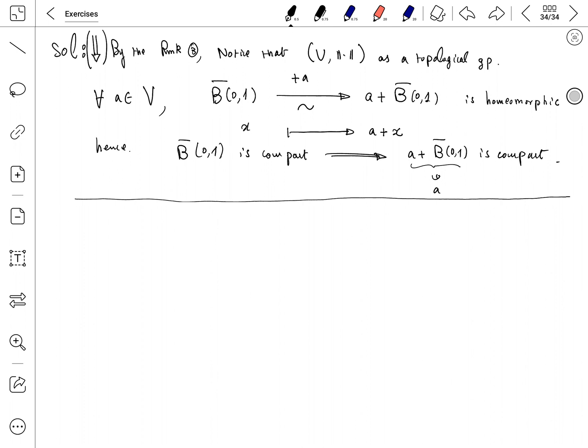This is an abelian group, and the topology on this K-vector space makes it a topological group. I mean, that's what comes from the fact that this is a normed K-vector space, and it will automatically become a topological group. And then let's prove the other direction.